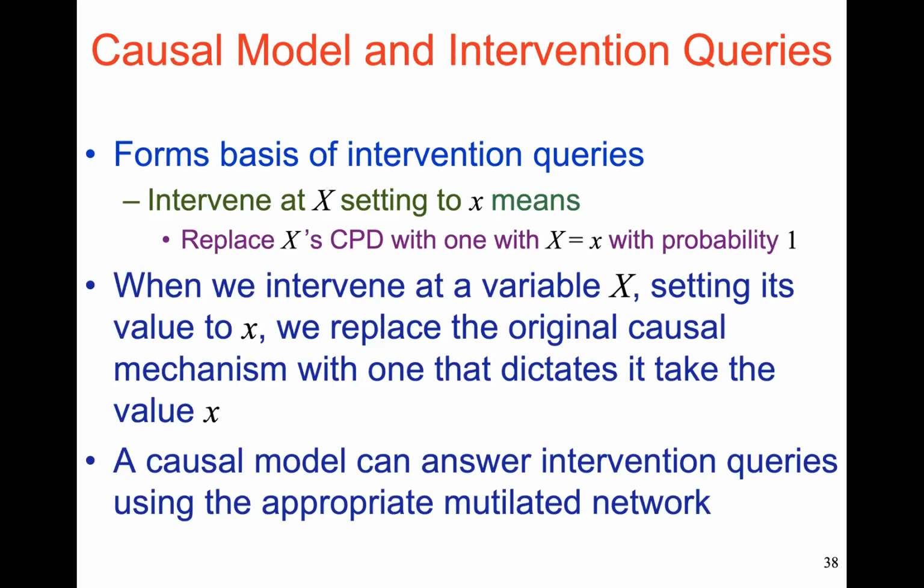So a causal model can answer intervention queries using the appropriate mutilated network. We are going to take the network and mutilate it, change it, and then we can use the standard inference methods. But when we do an intervention, we are changing the network.